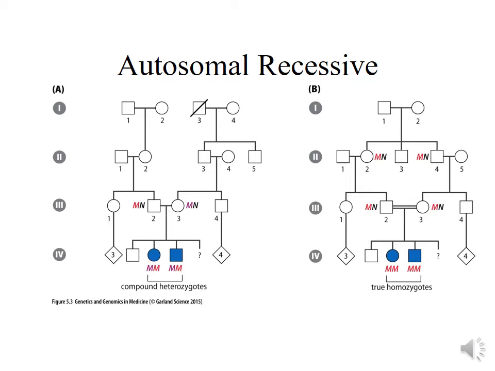That means that 3-2 and 3-3 have the same mutant allele, and that their affected children will have inherited two identical copies of the mutant alleles and be true homozygotes.